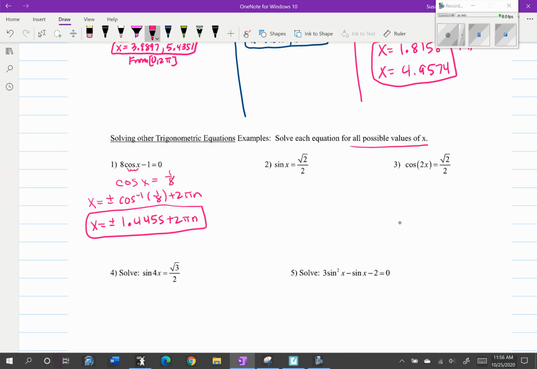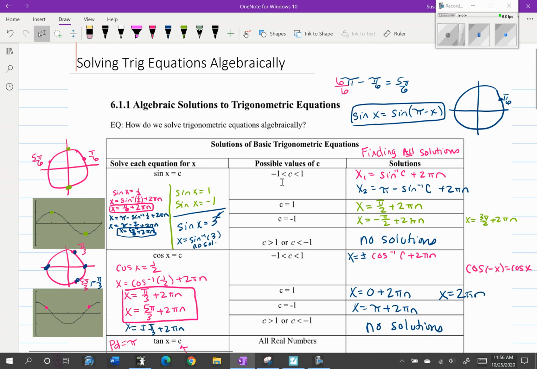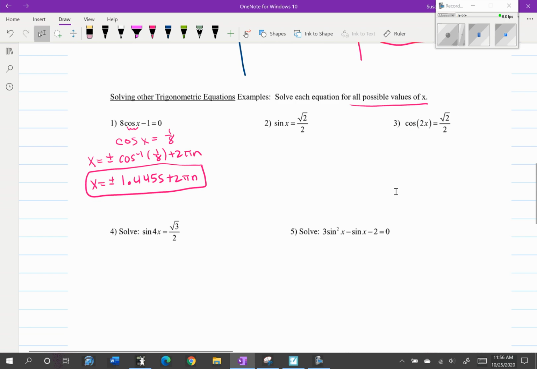Looking at the next one, this is something on our unit circle, so we could use our unit circle values to write our solution, but let's go ahead and practice using our table. Root 2 over 2 we know is in between -1 and 1. So we're going to use these solutions, sine inverse plus 2 pi n and pi minus the sine inverse plus 2 pi n.